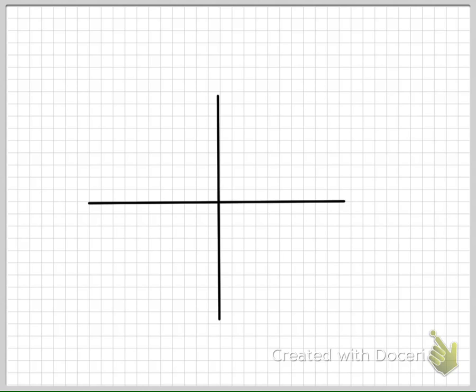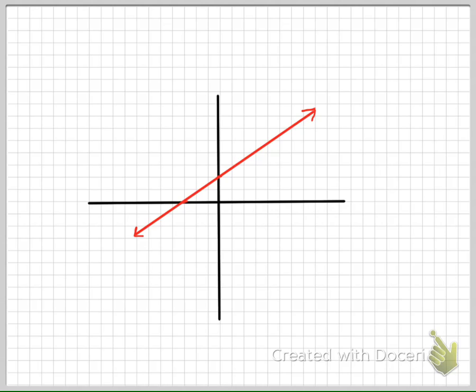Alright, so let's say I have this graph and I have this line.